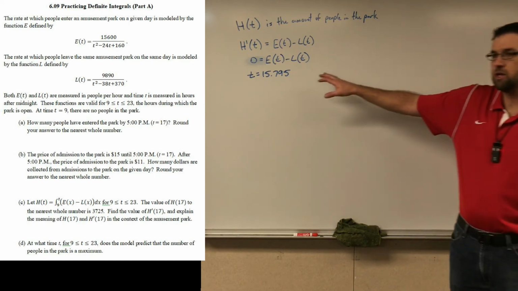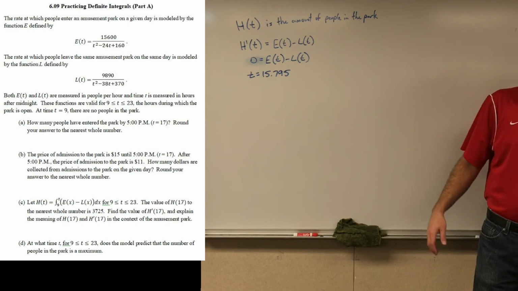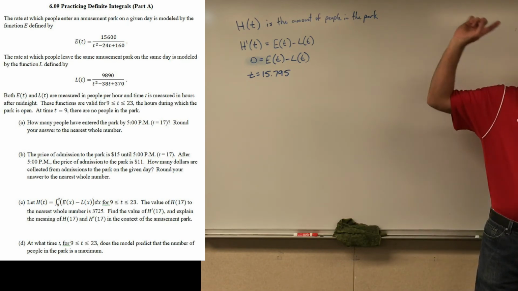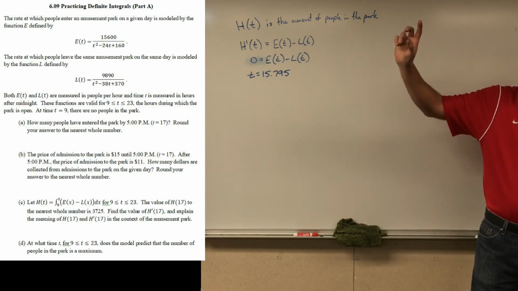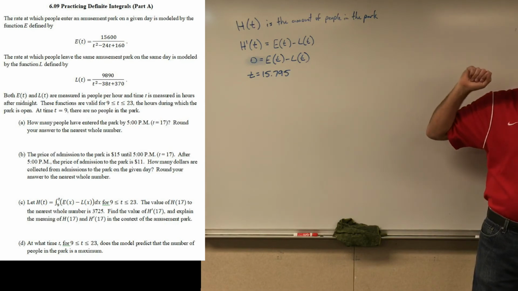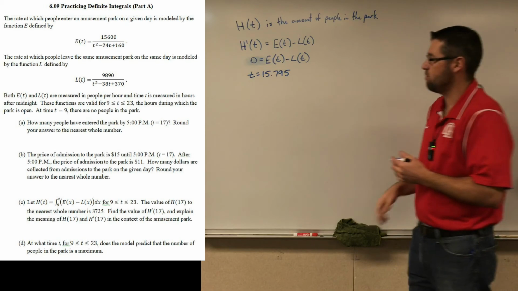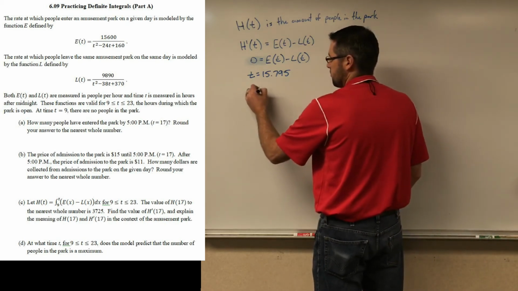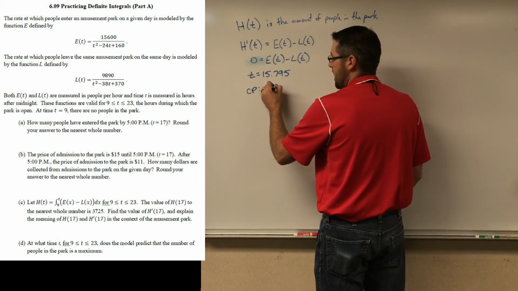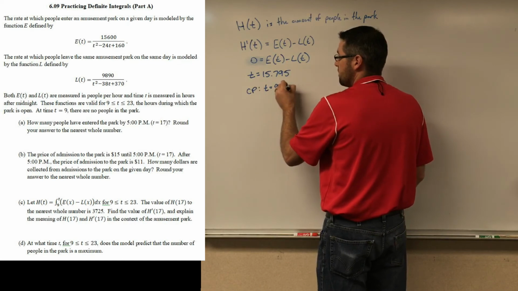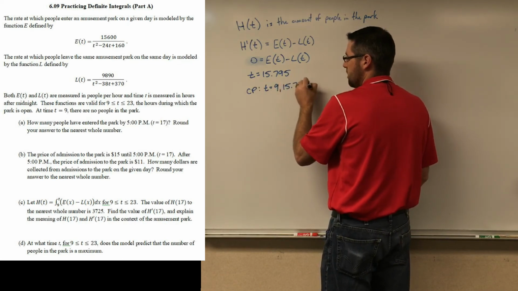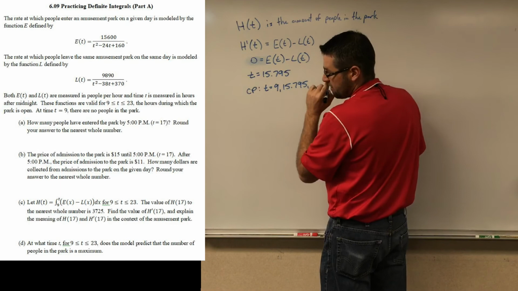So this is our only critical point? Remember, critical points occur when the rate is 0, does not exist, or at endpoints, right? So what are the endpoints? T equals 9, and then the critical point here, and the end, right?